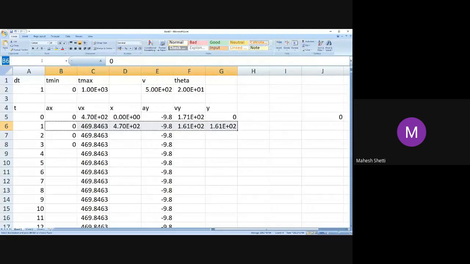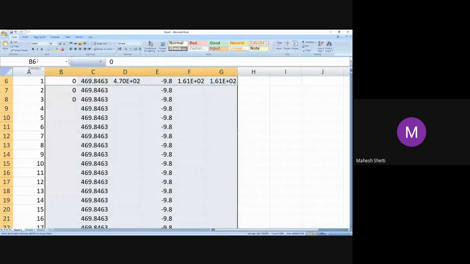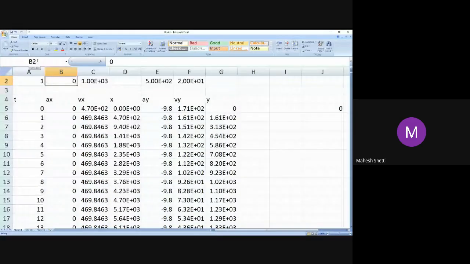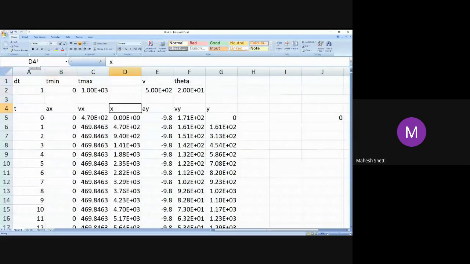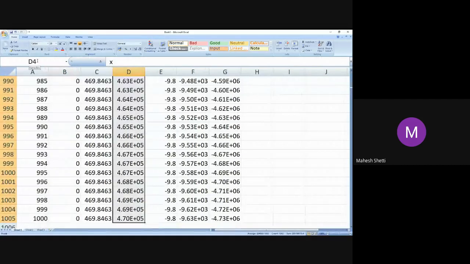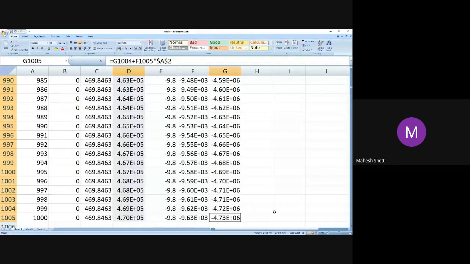Let me copy paste all this formula up to the last cell, P1005, and let me plot x versus y. You see the y has gone to negative and it has gone to almost the center of the earth.